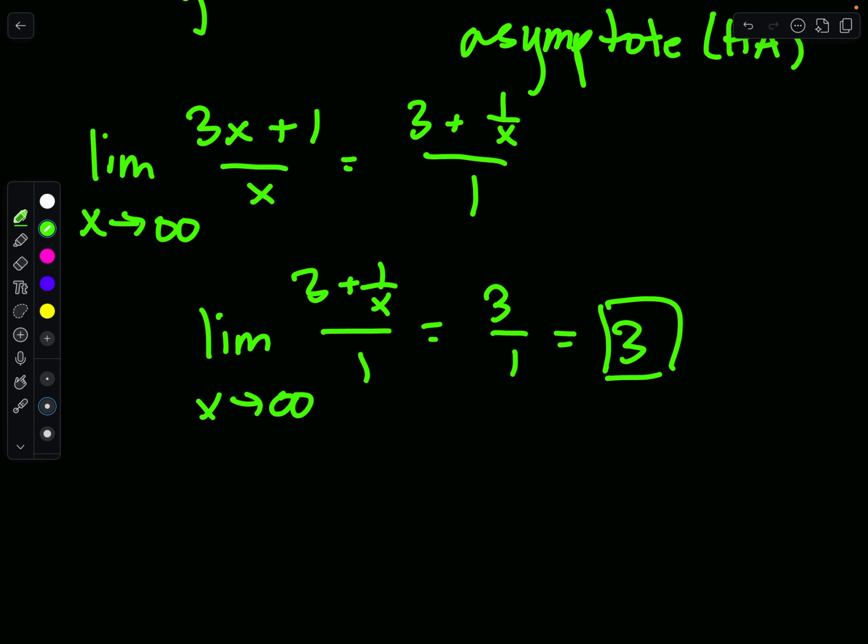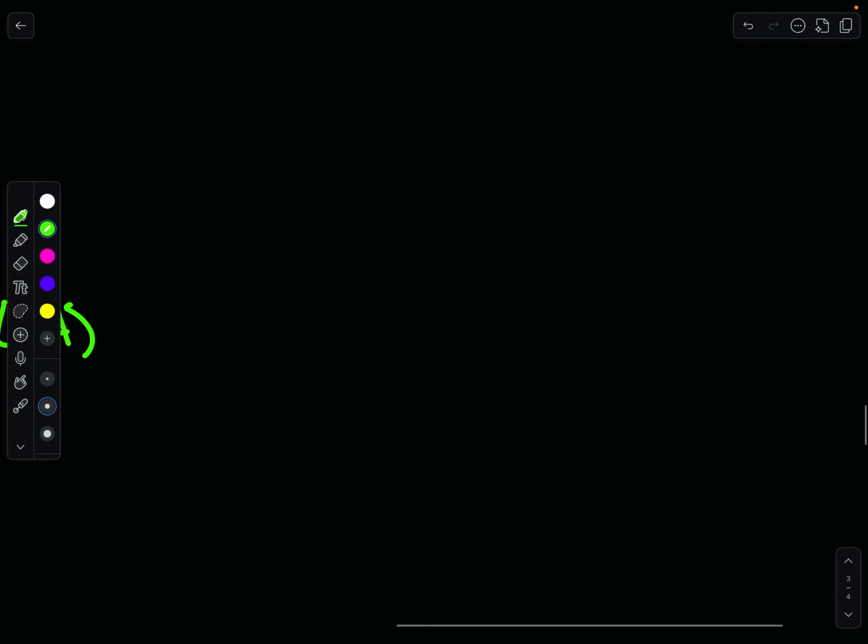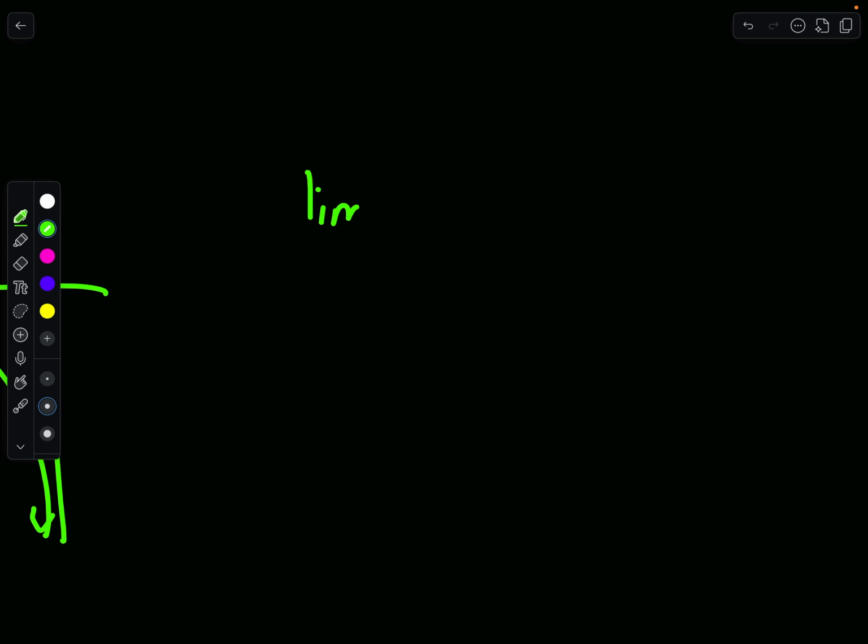So horizontal asymptotes come from dominant terms, the biggest powers of x. What this means is that if we look at one case where the degree of the top is less than the degree of the bottom, so for example, limit as x goes to infinity of 2x over x squared.